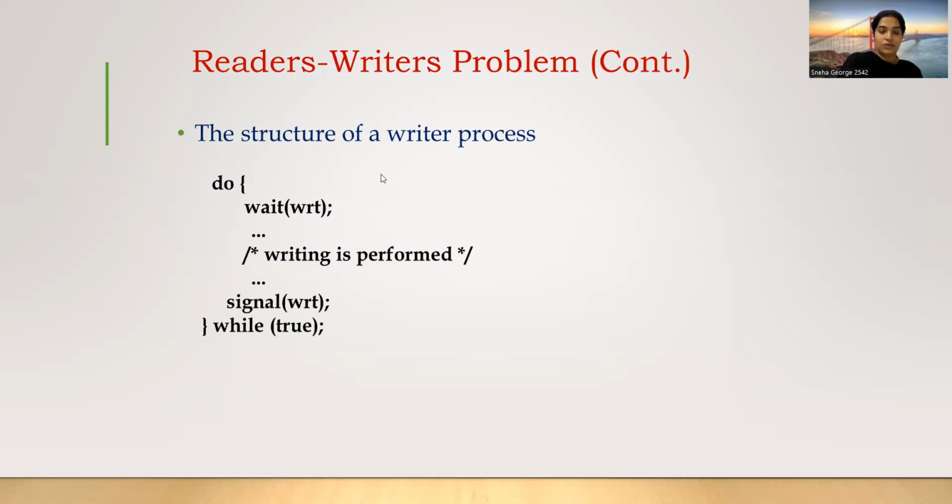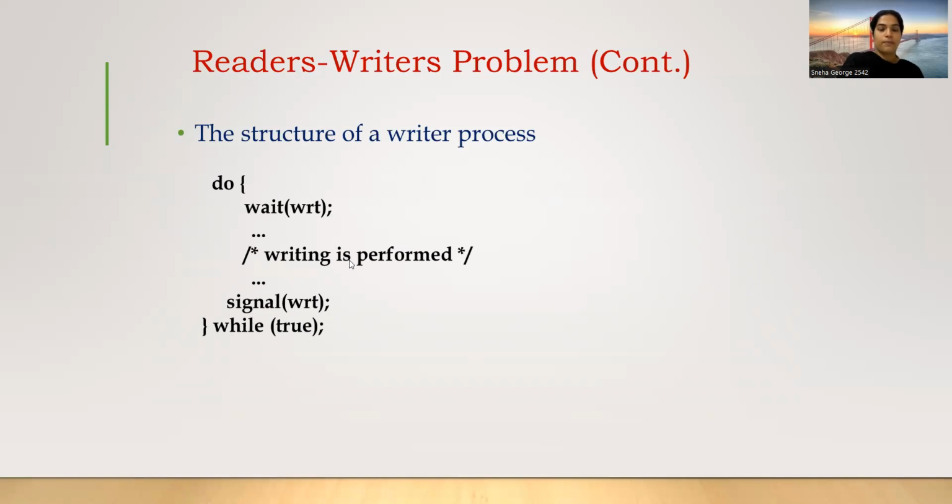Initially the WRT semaphore was 1. Since this instruction is executed, WRT has changed from 1 to 0. Once that is done, it means that the writing is performed.